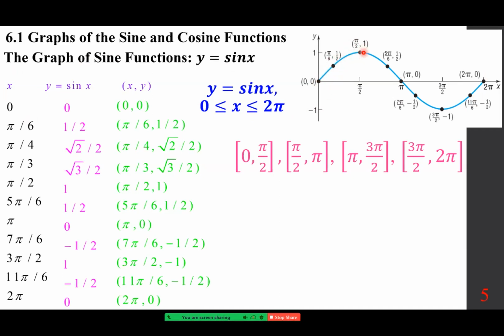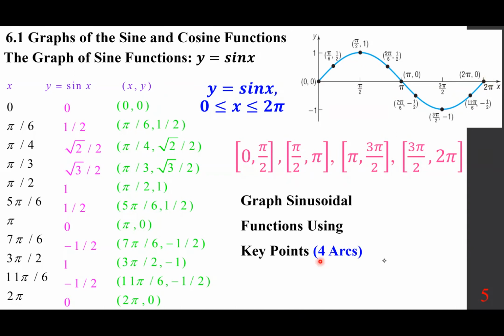This is one part, from 0 to pi over 2, and as you can see, it's increasing. Then from pi over 2 to 3 pi over 2 it is decreasing, so from pi over 2 to pi, then pi to 3 pi over 2. And finally, the last piece from 3 pi over 2 to 2 pi. So this is the general shape. As long as you learn that, and you must, then graphing anything involving sine becomes easy.